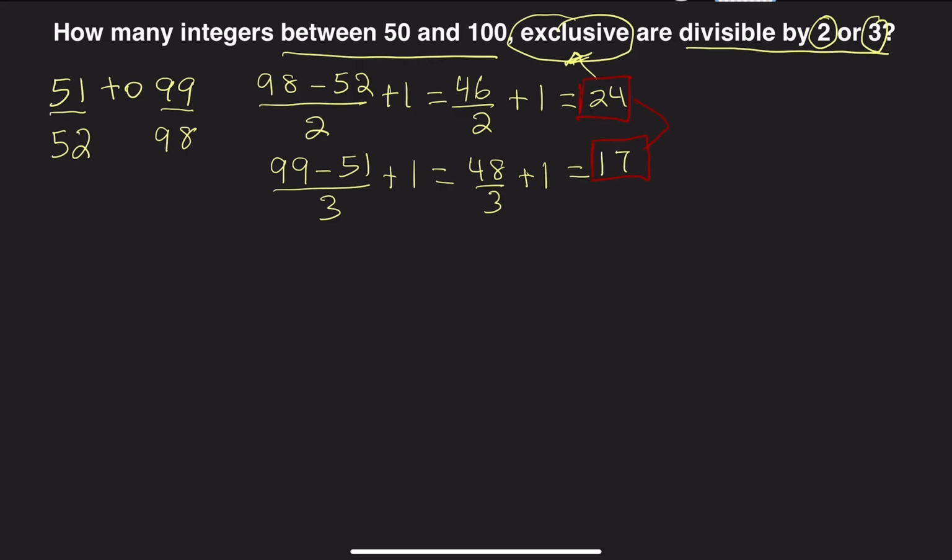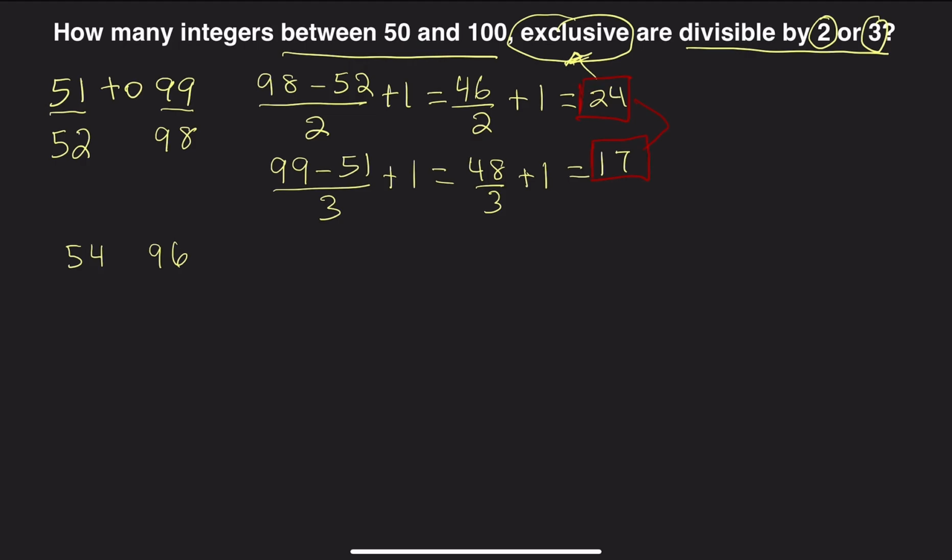Let's take a look here. The smallest number between 51 and 99 that is divisible by 6 is 54. The largest number that is divisible by 6 in this range is 96.